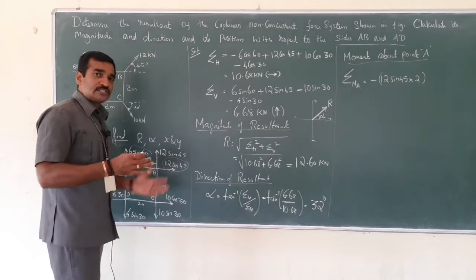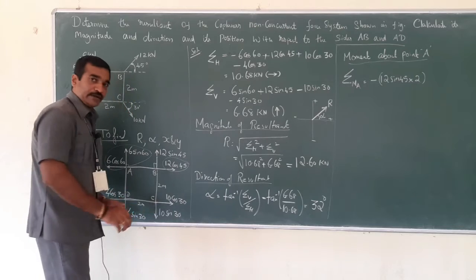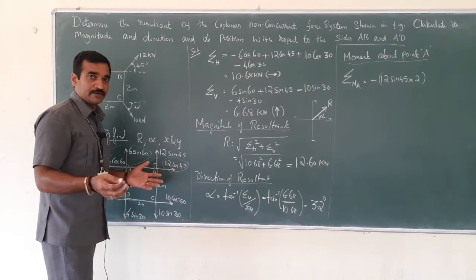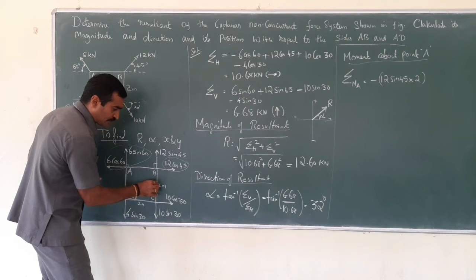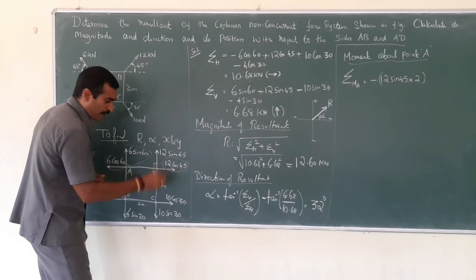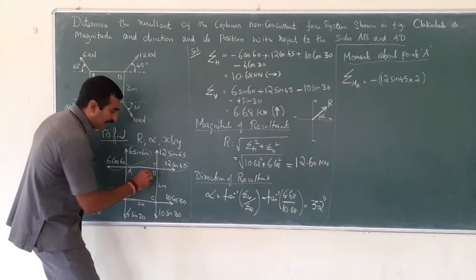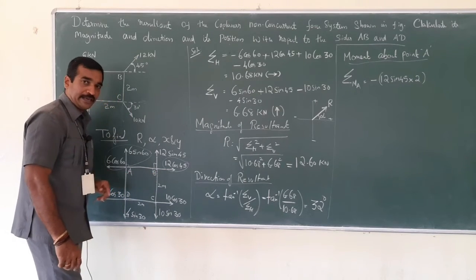The principle of transmissibility says that, without changing the effect, the force can be either here or here. So by applying the principle of transmissibility, I am going to consider the point to be somewhere here, this C point, for 10 sin 30. And its perpendicular distance would be 2 meters from A.